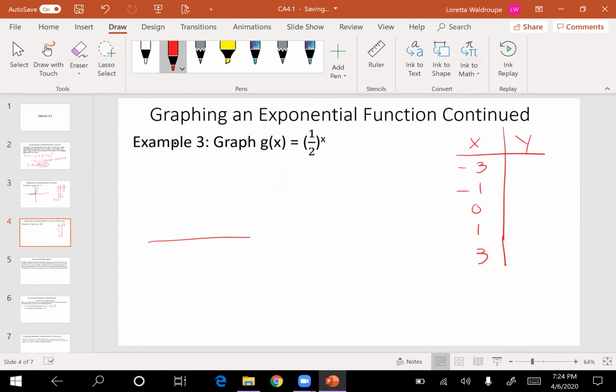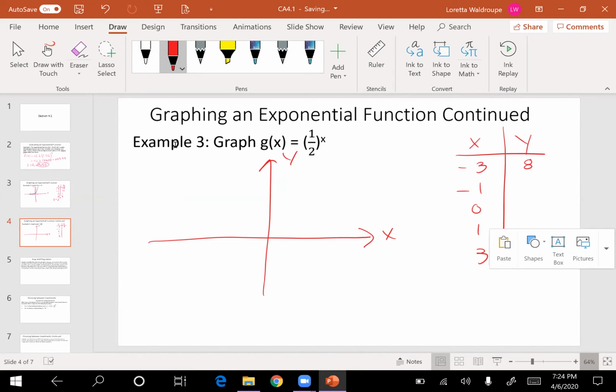Punch it in your calculator if you need to. 1/2 to the -3 is going to be 8. 1/2 to the -1 is going to be 2. 1/2 to the 0 is 1. 1/2 to the 1 is 1/2. And 1/2 cubed is 1/8.